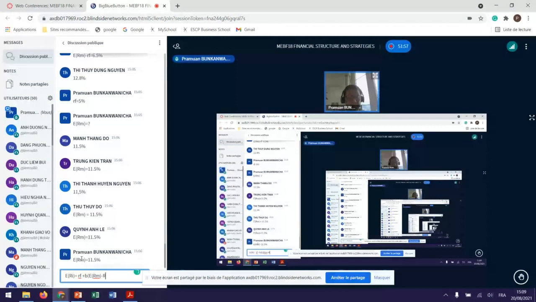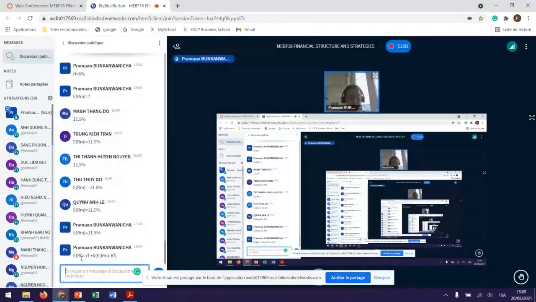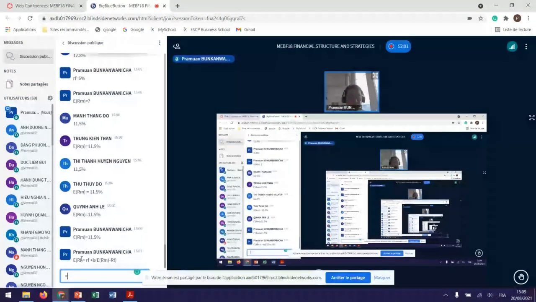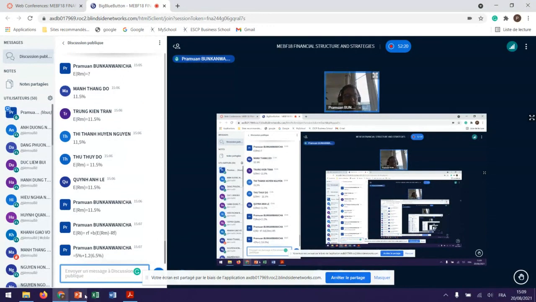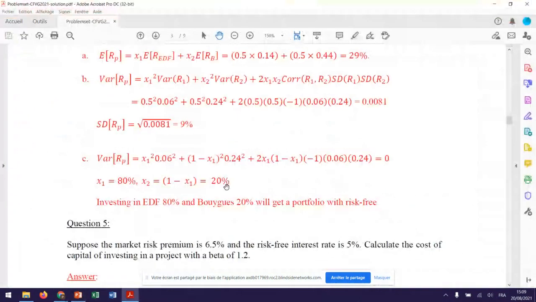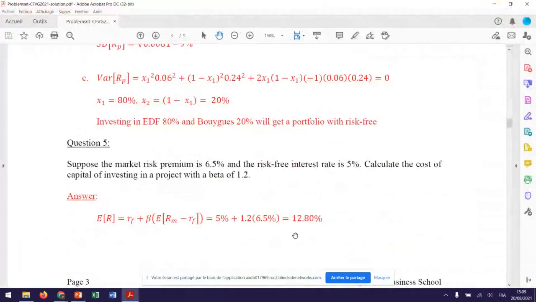So in this case, I can have 5% plus the beta, 1.2, multiplied by 6.5%. That's it. Very simple and easy. Therefore, I can have the value of 12.80%.